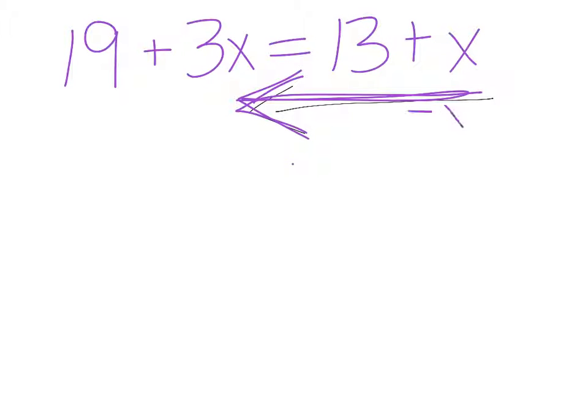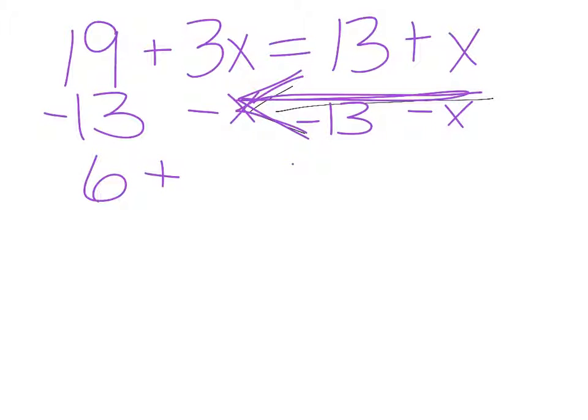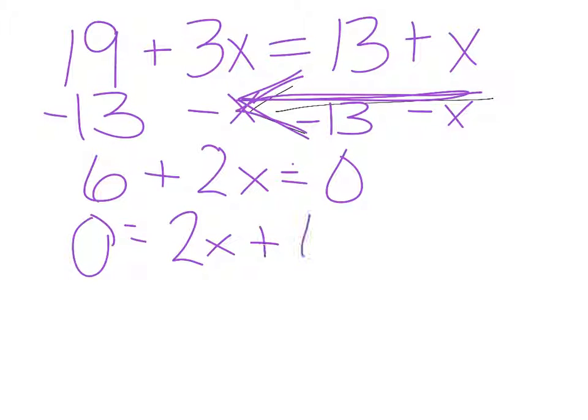So that's minus x, and I'm going to do minus 13 at the same time. Minus x, minus 13. So you get 6 plus 2x equals 0. And if I flip that around, I get 0 equals 2x plus 6.